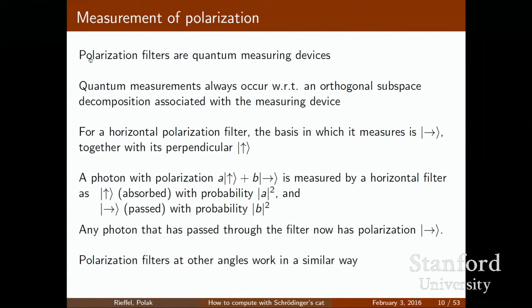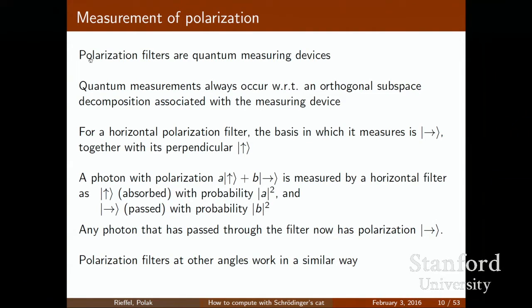And quantum measuring devices have a preferred basis. They have a preferred set of states or set of subspaces that determine what the measurement outcomes can be. So in this simple case, when you have a horizontal filter, the basis you're thinking about is horizontal and vertical.